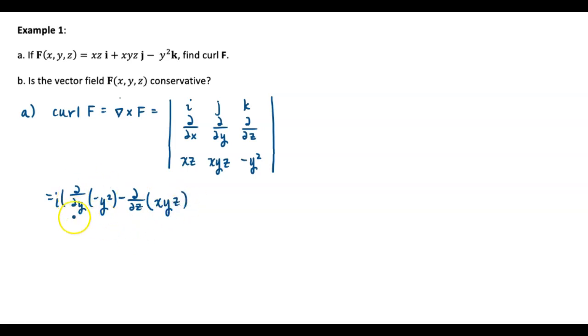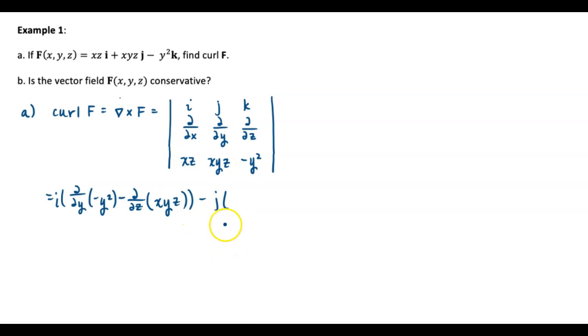And yes, when we take this partial derivative of an expression, it's like multiplying. We've got the same operation going on here. We're subtracting that j component, remembering that this negative is just part of our three-dimensional cross product.